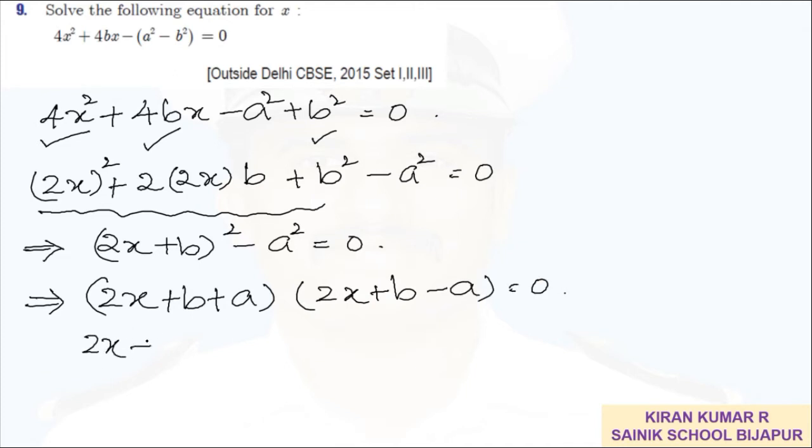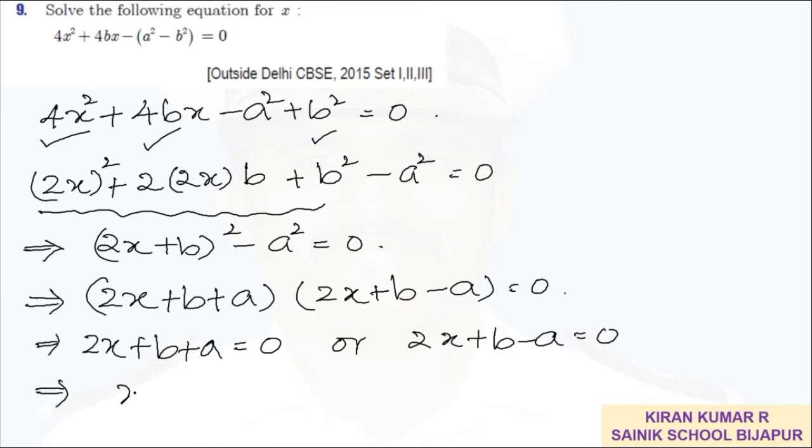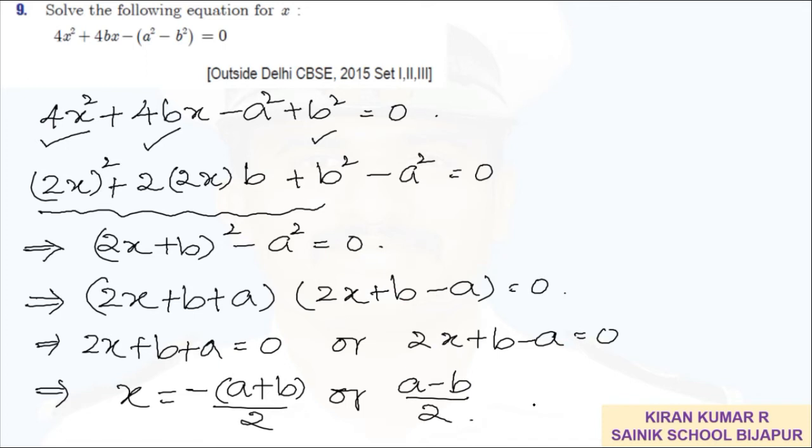So 2x plus b plus a should be equal to 0, or else 2x plus b minus a should be equal to 0. Therefore, we can find the value of x as minus of a plus b divided by 2, or a minus b by 2. These are the roots.